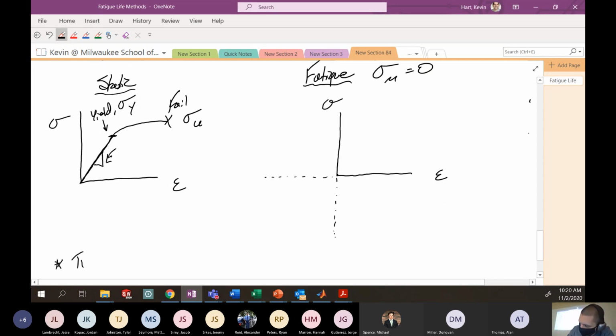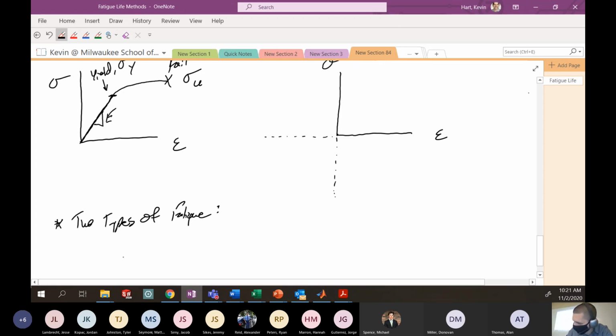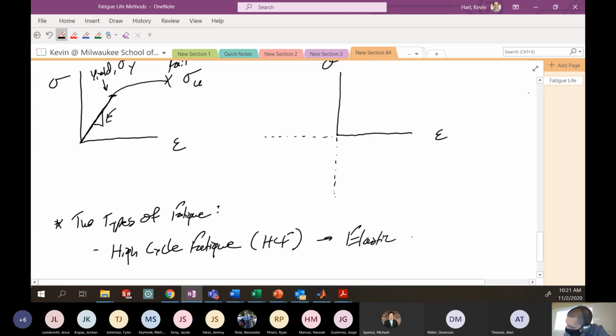We can have 2 types of fatigue. That would be high cycle fatigue, commonly given HCF, and this is elastic range only.